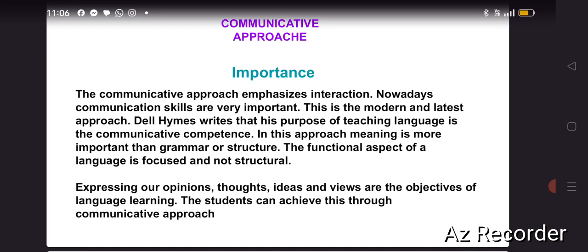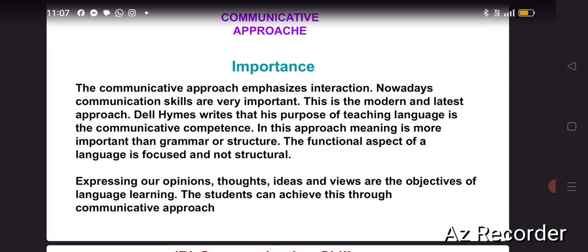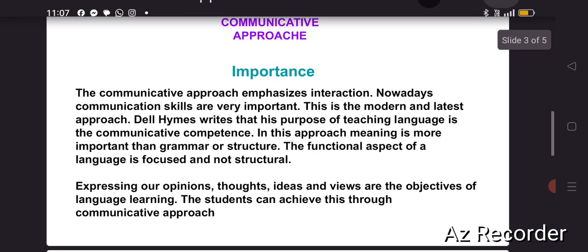But when the teacher asks a question to the student, the student gives the answer. At that time the student becomes the sender and the teacher becomes the receiver. They listen to the answer of the question, and the teacher makes corrections in the answers if there is a mistake.